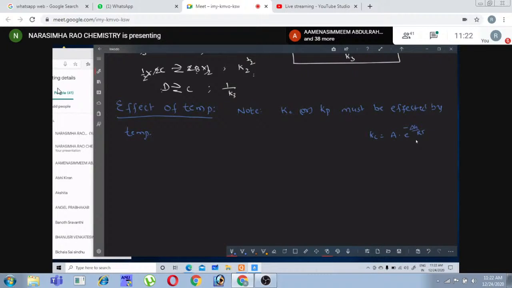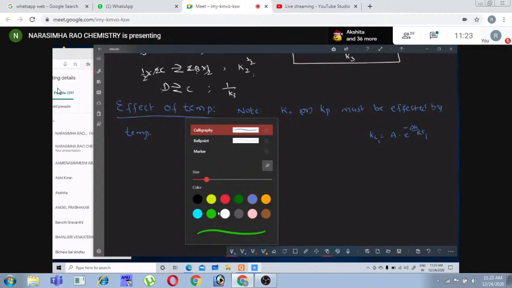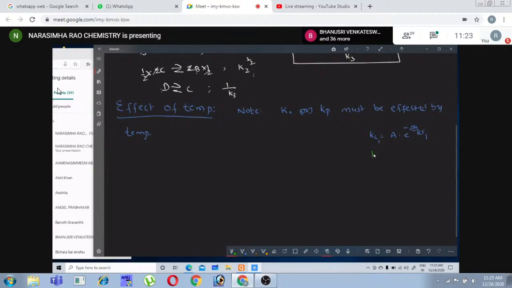Kc1 is at T1. By changing the temperature, the Kc value also changes. Kc2 is equal to A into e power minus delta H upon RT2. So divide equation 1 from 2 and solve.